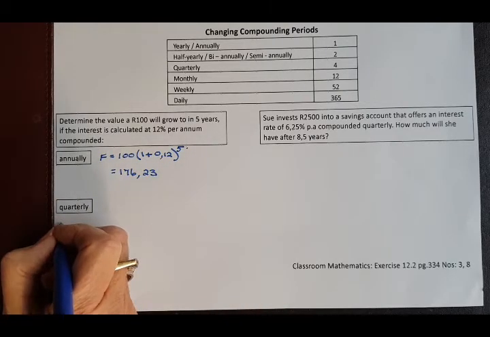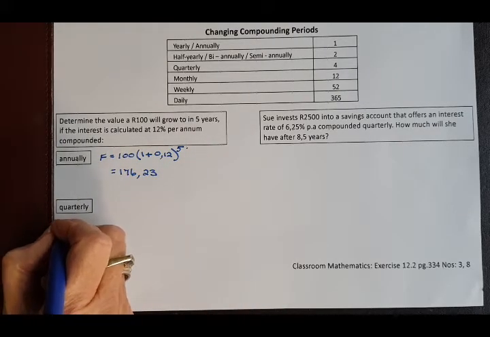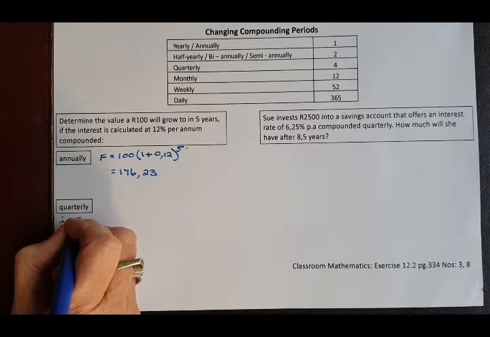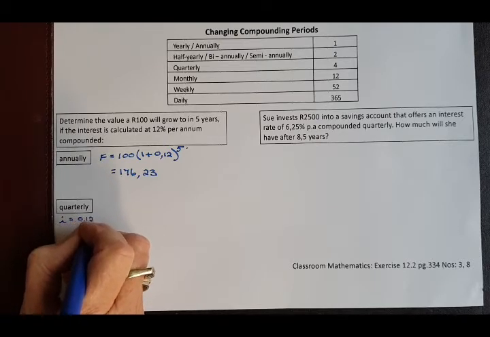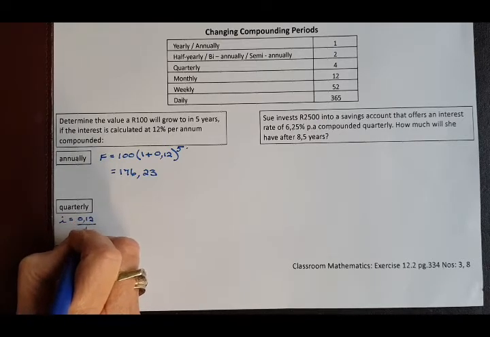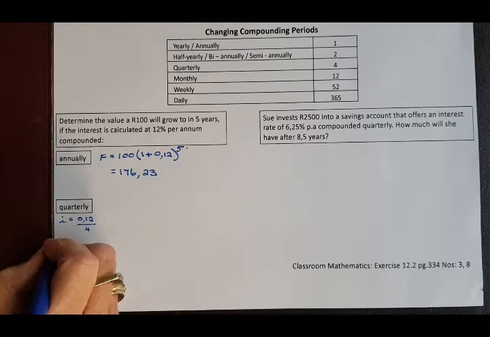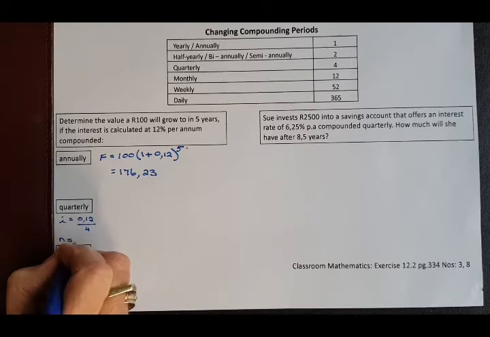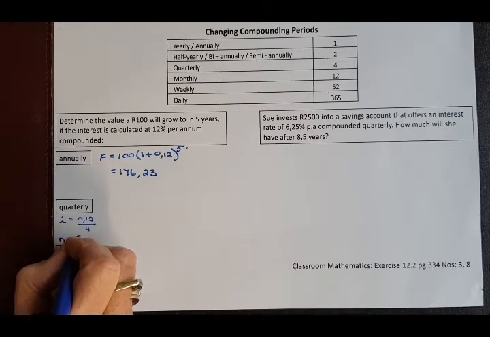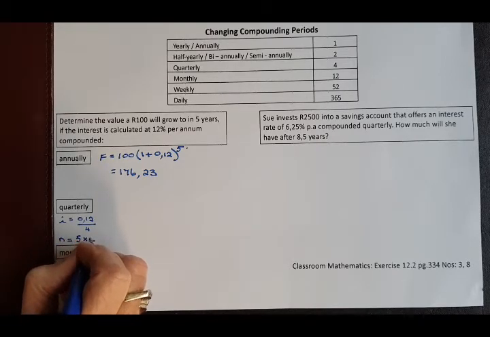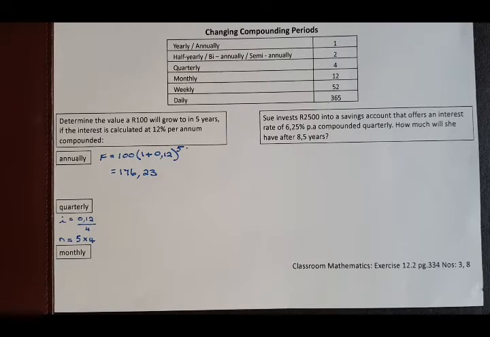So our interest rate per quarter becomes 12% divided by 4. And the number of times we do a calculation, well, it's 5 years, but we do 4 calculations in 1 year.